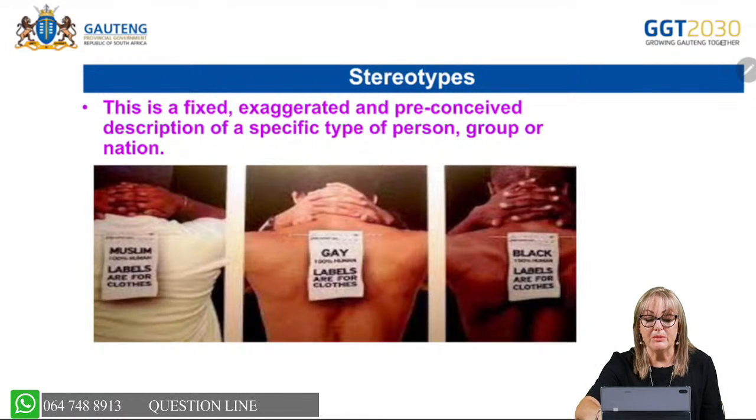And all these people are from different nationalities, and you can see that the message there is labels are for clothes. So don't put labels on people, accept people for what they are. But that's the problem with stereotype. We stereotype people and then we put them in boxes and we don't really regard them at face value.